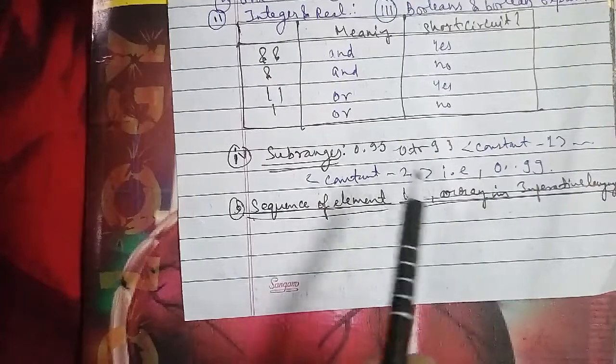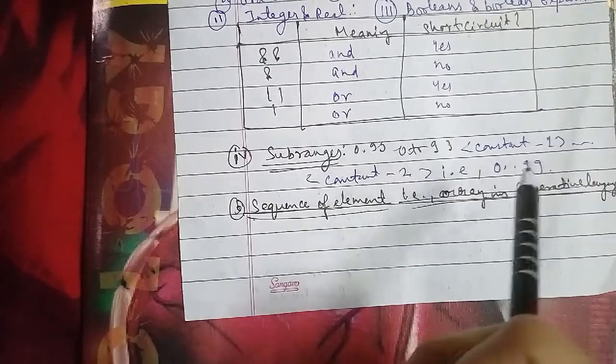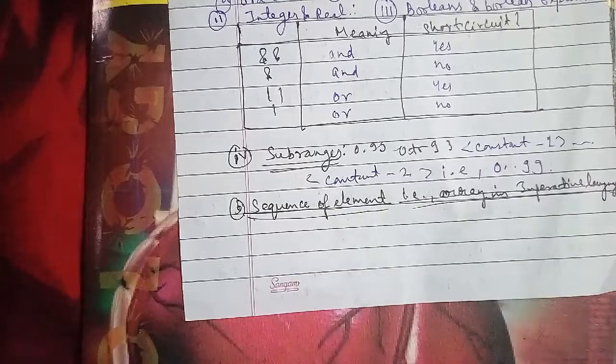So the first type we have here is array layout.